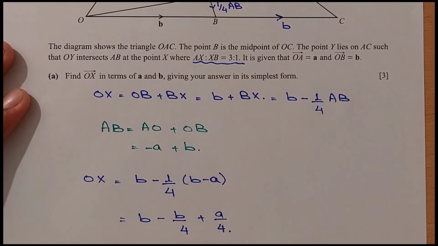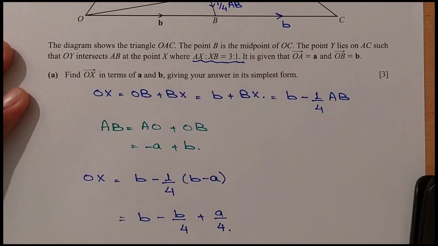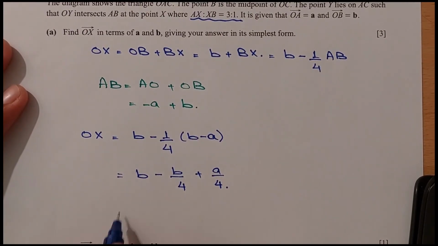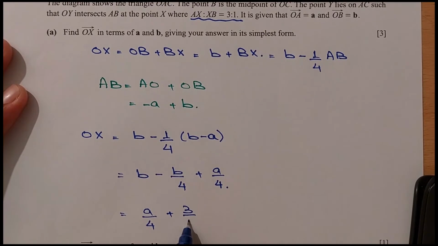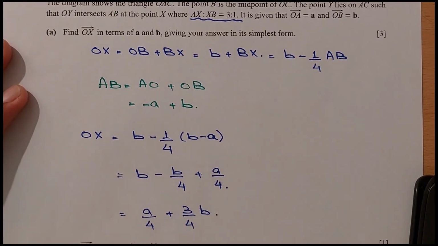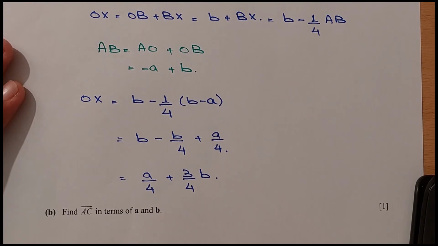So A/4 is positive. 1 minus 1/4 is 3/4. So this is equal to A/4 plus 3/4 B.